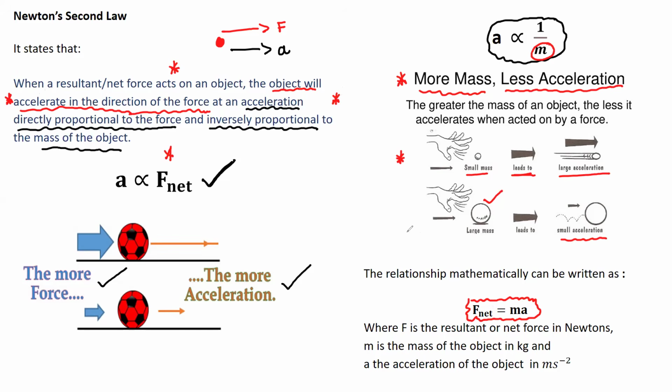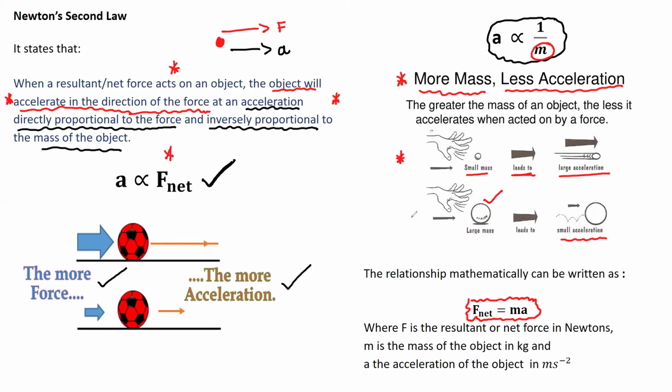So it says again, when there is a force that acts on an object, it causes the object to accelerate, and the object will accelerate in the direction of that force. Its acceleration is directly proportional to the net force, but inversely proportional to the mass of the object.